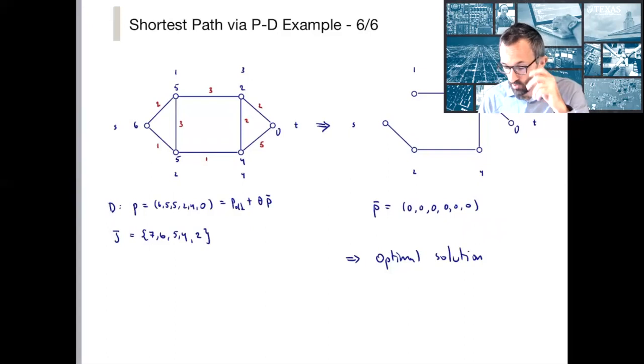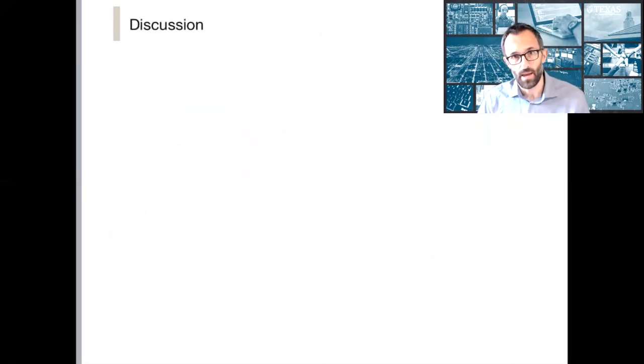P bar equals 0, which means that the optimal value to the dual restricted primal is PS, which is equal to 0, which means by strong duality that the restricted primal has optimal value 0, which means that we satisfy complementary slackness.